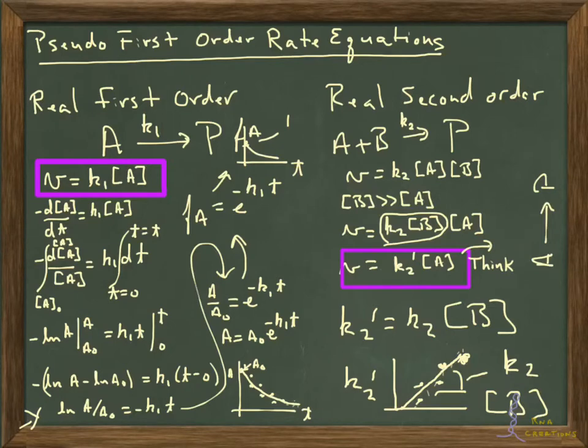For that type of mechanism, that's what the rate law would look like, and it would go at a rate constant of K2 prime. But we know that K2 prime is simply equal to K2 times B. Okay, so that's kind of what you can think.